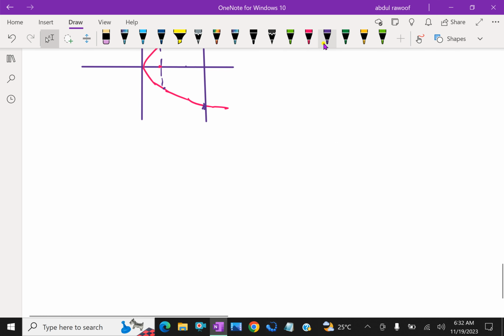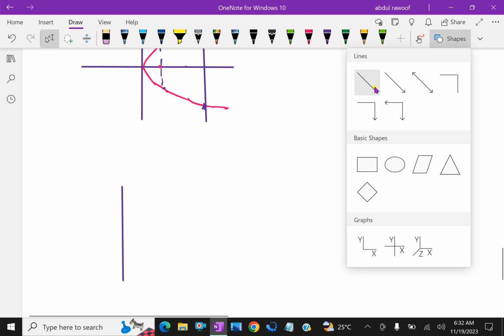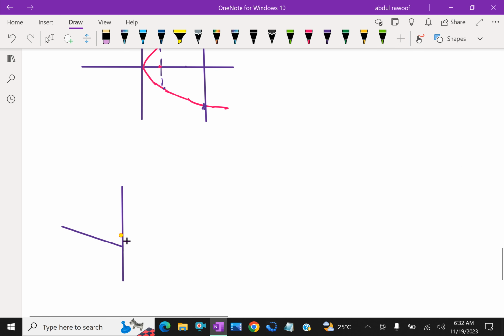Consider one more equation. One, two, minus one, minus two.